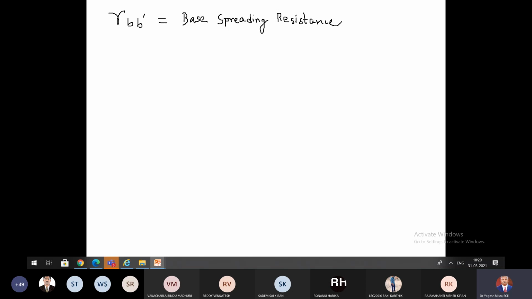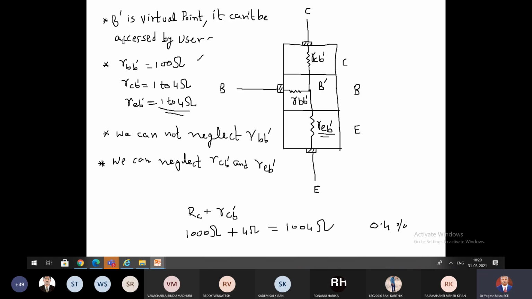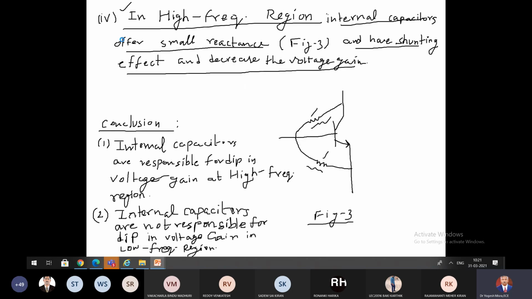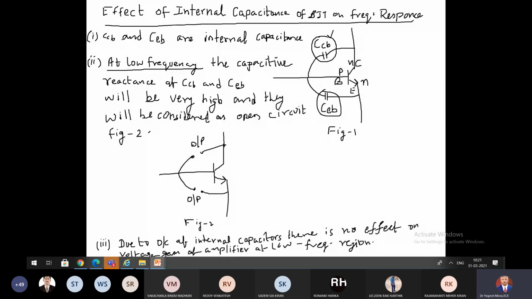Now we also know that we already discussed in the last class that if we are operating a transistor in the high frequency region, then the effect of internal capacitance of the BJT will come into the picture, right?